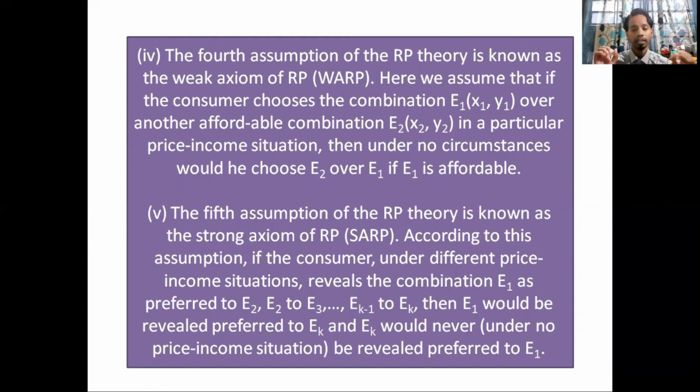So the point is very clear that he is only able to choose E1. When there is combination E1, combination E2, combination E3 with different budget lines and different indifference curves intersecting the budget line, he is only able to choose E1, because one thing we should be very clear about here: the price tag has been fixed.